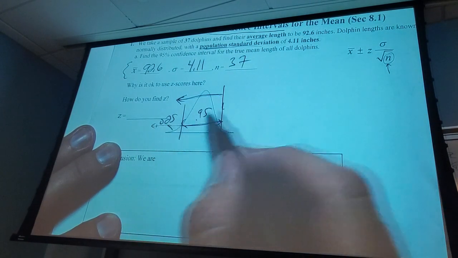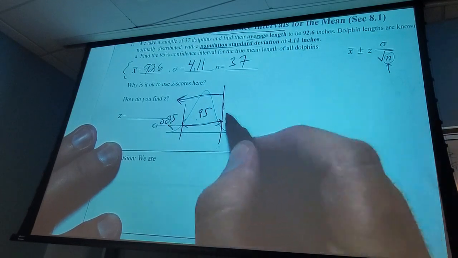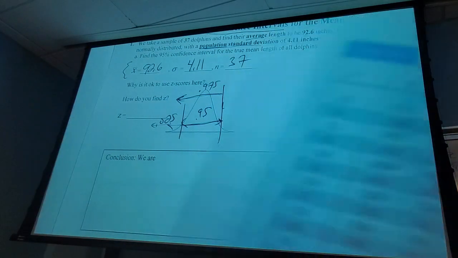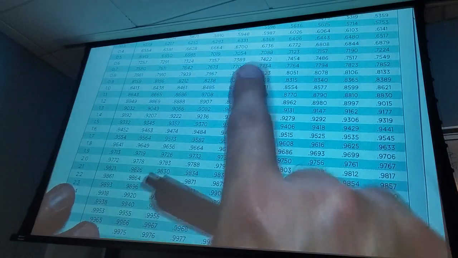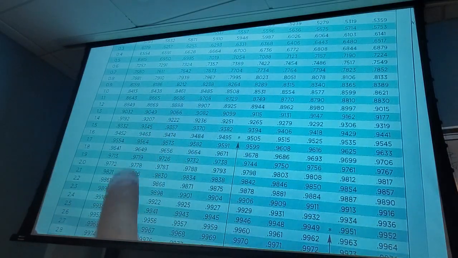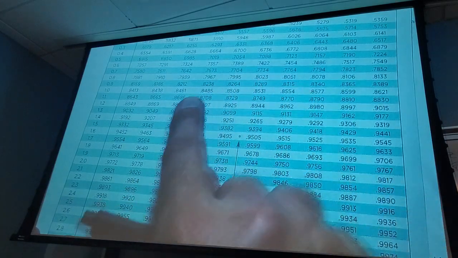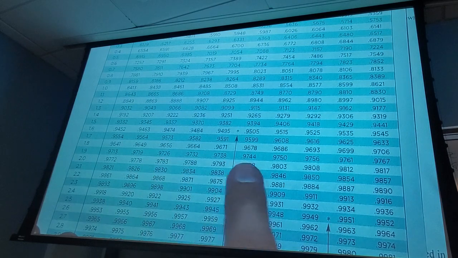What's the total area below the z-score? 0.975. Can somebody please look up, or let's do it together. If we look up 0.975, see if you guys can beat me. 0.975, let me take my time. 1.96. Yeah, 0.975.